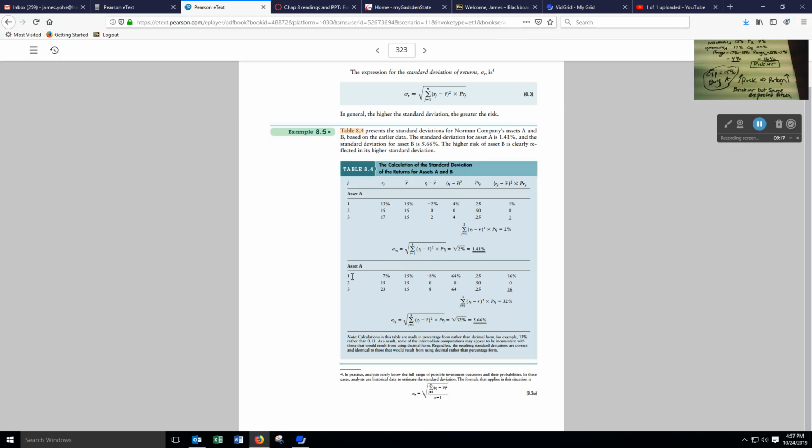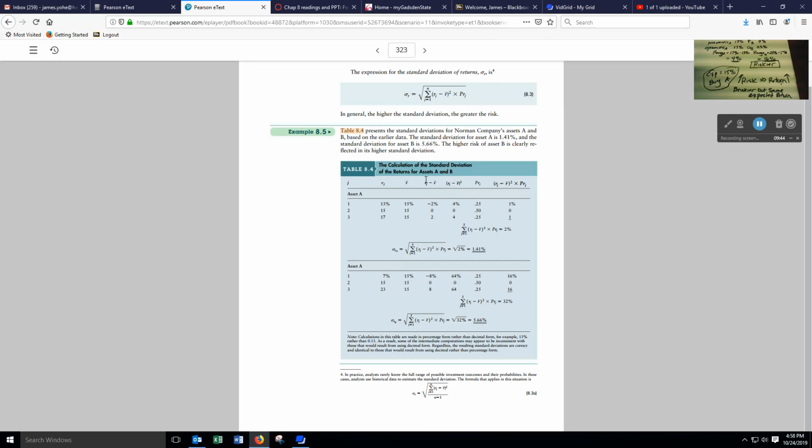Then we do it for asset B. The pessimistic return for asset B was 7%. 7% minus 15% is negative 8%. We square that and get 64%. The return for the most likely scenario or event is 15. Subtract 15%, you get 0. 0 squared is 0.